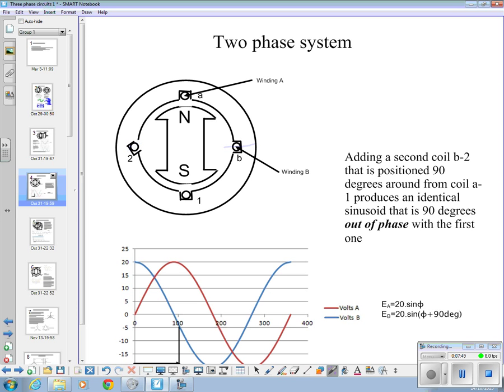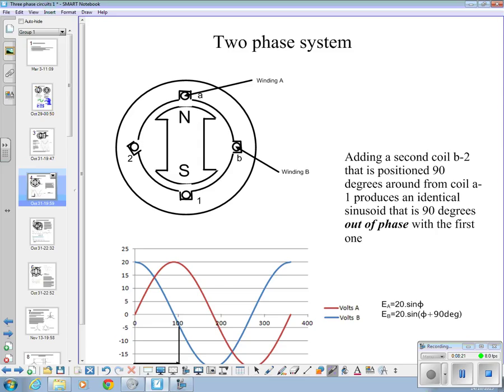What we then end up with is 2 waveforms like this, 90 degrees out of phase with each other. So EA is 20 sine theta, that's the red one, and then EB is 20 sine theta plus 90 degrees, 90 degrees out of phase with it. So it's peaking 90 degrees earlier than the red one.